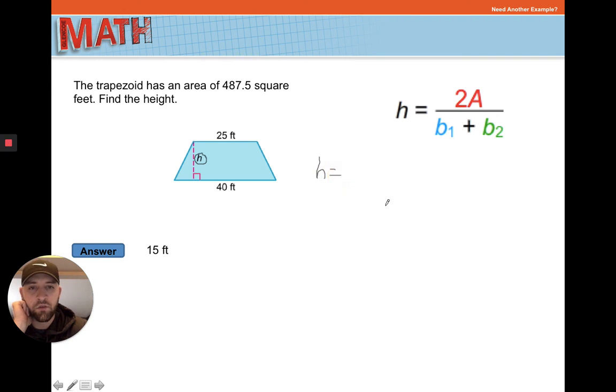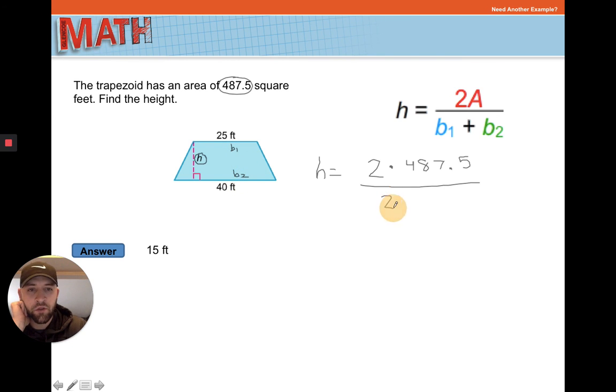Height is equal to 2 times the area. Well, the problem tells us that the area is 487.5, so I'm going to just plug that in. And then it tells us to divide by base 1 plus base 2. Here's base 1 on top, base 2 is on the bottom.